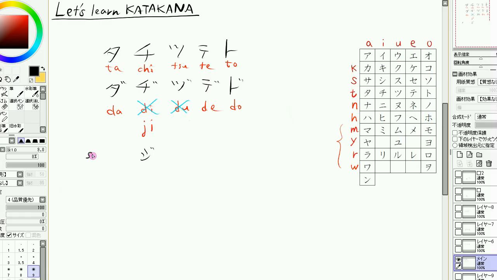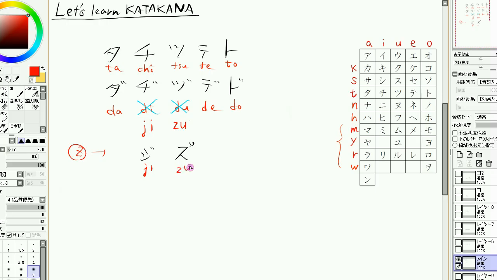In the S row, we saw ji. So how about this one? It's not du. It's the voiced version of tsu. That means it has to be again zu. So it's zu. Exactly the same as the sound we've seen in su plus the voiced marker.